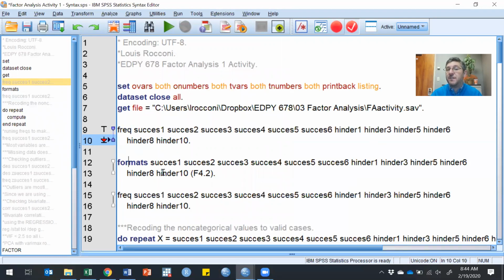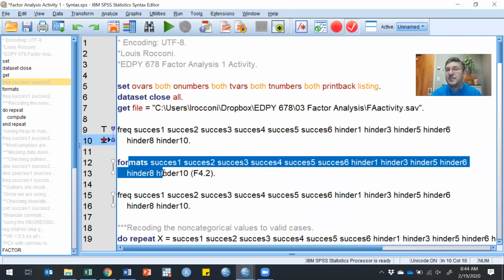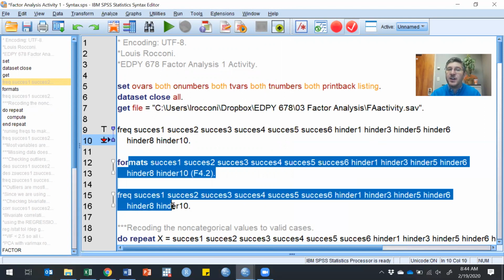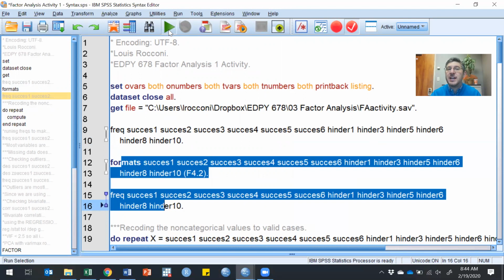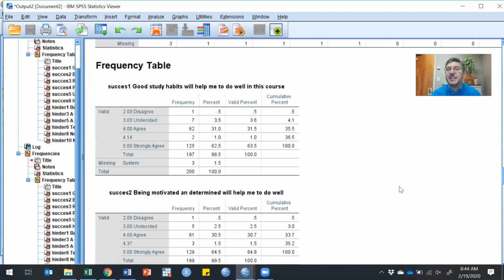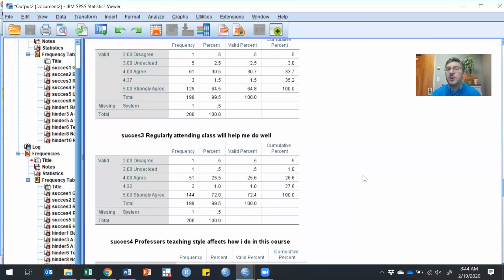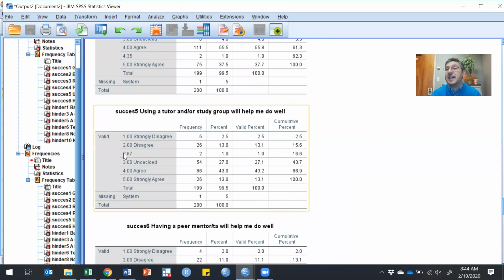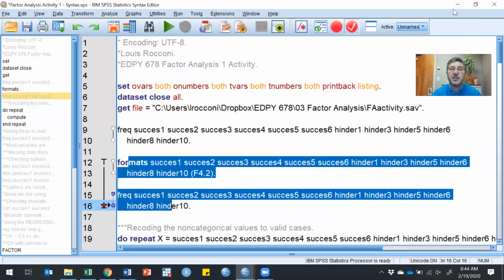Here I'm changing the formats so we can display those decimals, so I wouldn't have to double click on the item to look at it, and we rerun the frequencies, and you can see then there's the 4.14, the 4.37, 4.23. So you can see the actual values listed in the table. So that's just a shortcut.